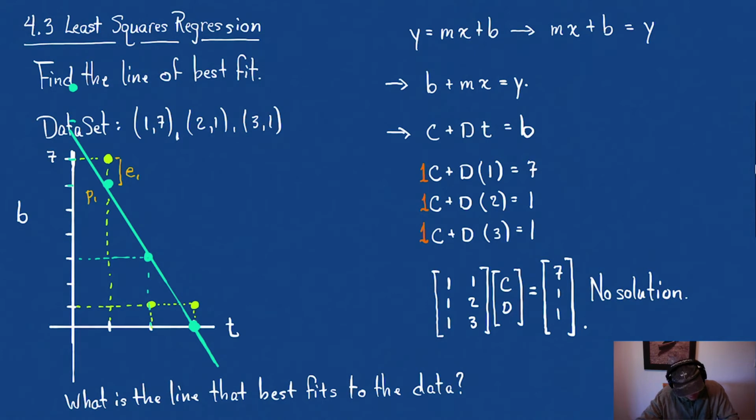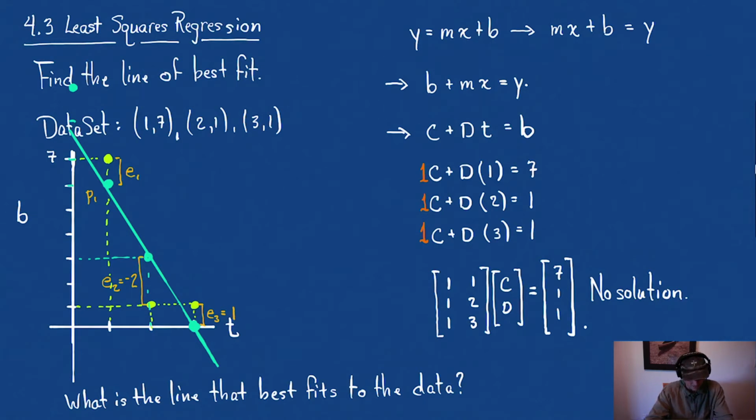My next one, I missed it by 2, but this time my data value is below the projection line. So let's say that e2 is negative 2. And finally, my original data is above again, so this is my third error, and it's above by 1.